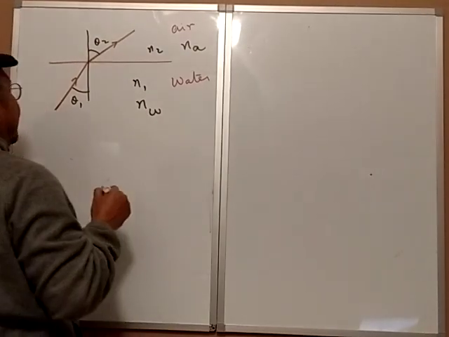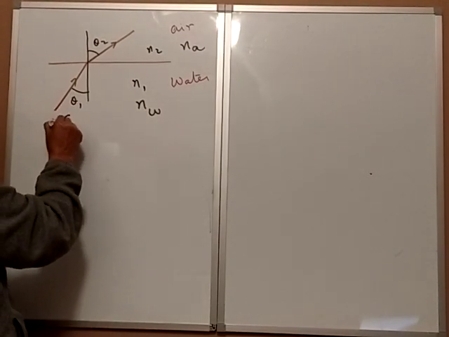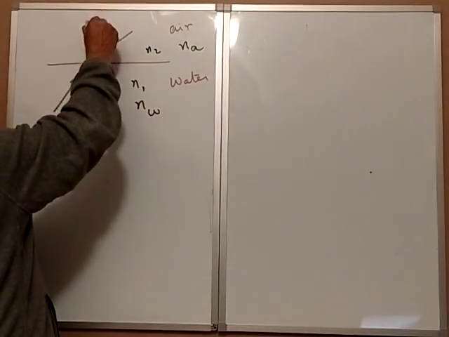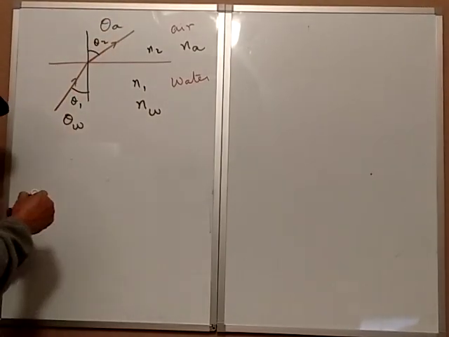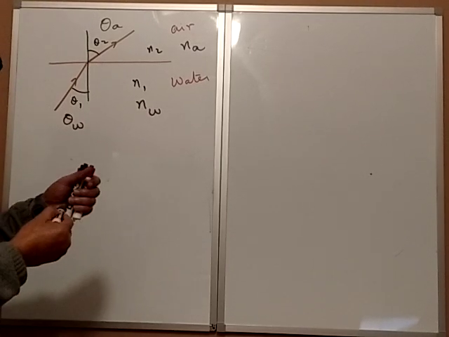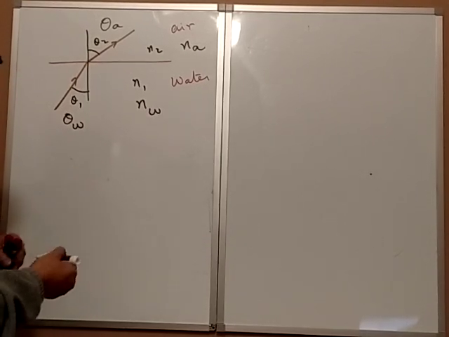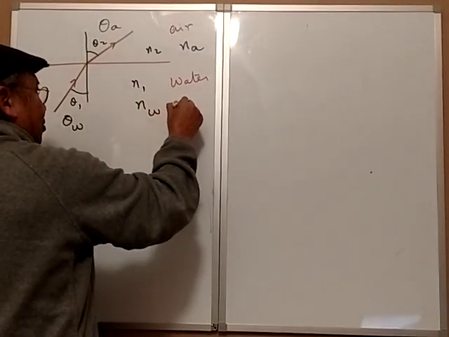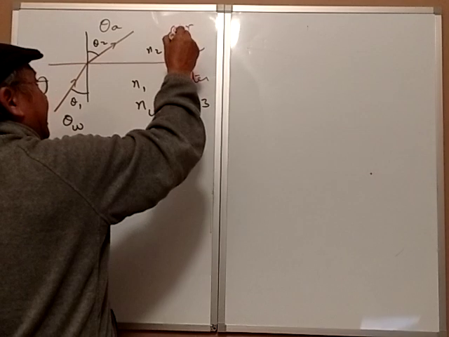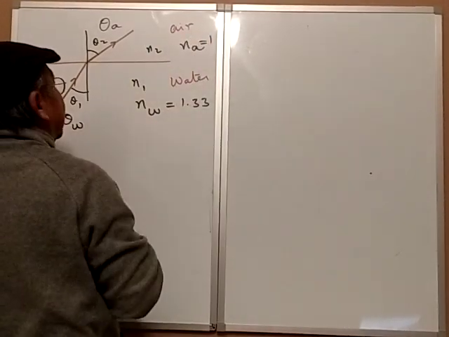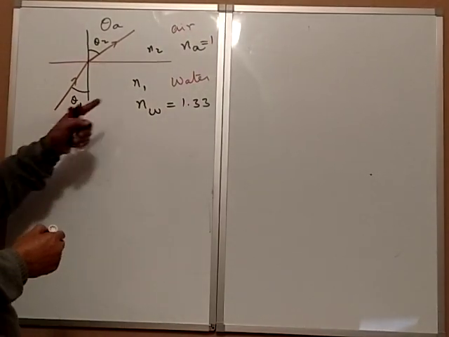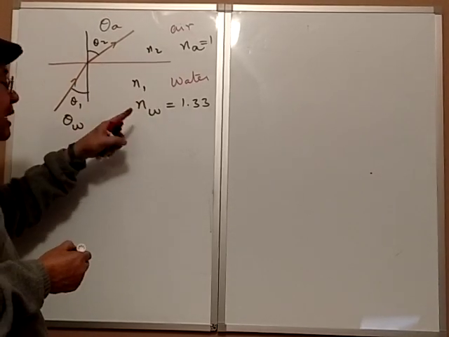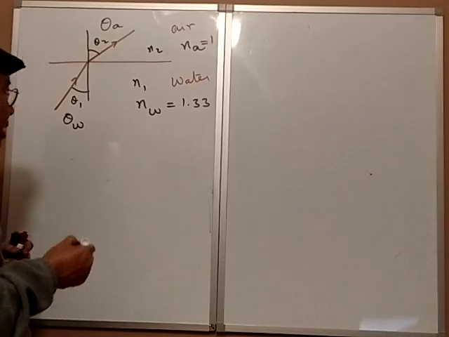Same thing here: instead of theta 1, I'll write theta W, the angle in water, and this is the angle in air. Just changing the names so that you can see. NW is usually about 1.33, NA is about 1. So we know that the index of refraction for air is less than the index of refraction for water.